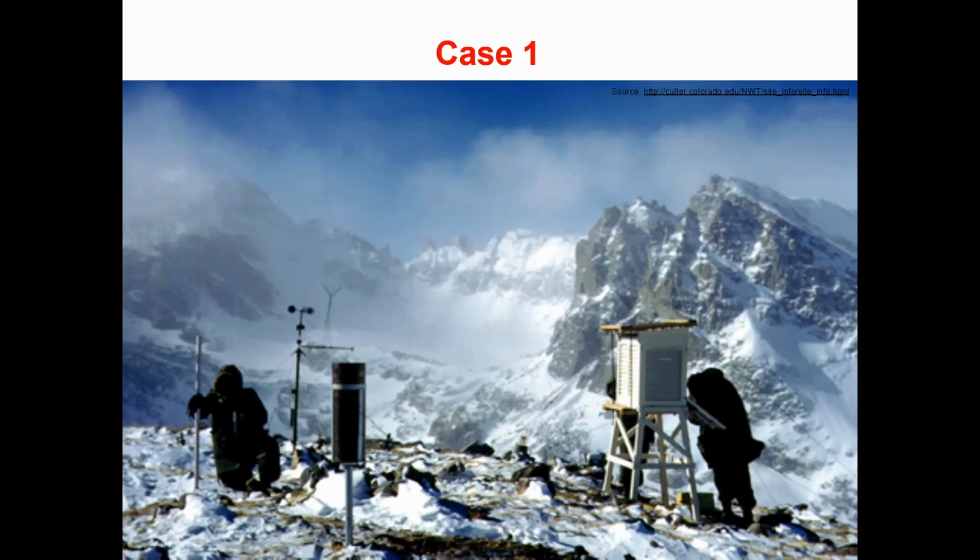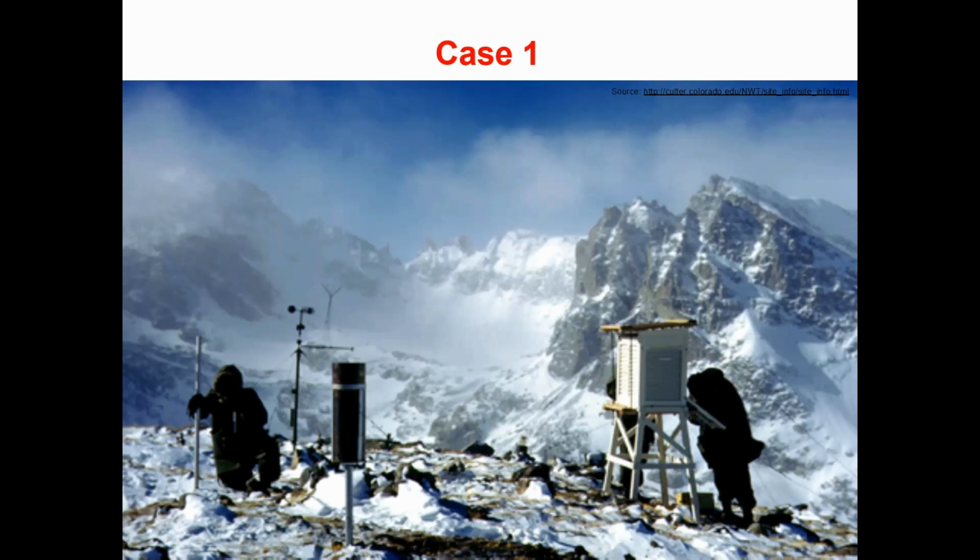So yes, rock falls can cause damage. Very high wind speeds can destroy the equipment. And even in these sorts of locations, you can have problems with lightning strikes. So in the Rocky Mountains, at certain times of the day, it's extremely dangerous to go to the summit of a mountain.